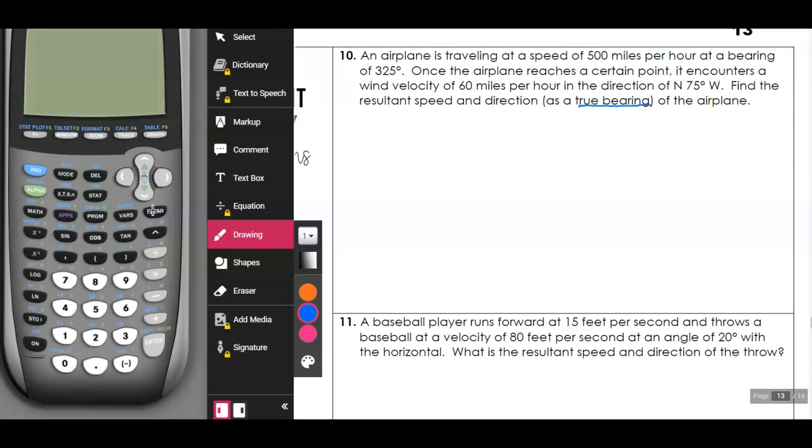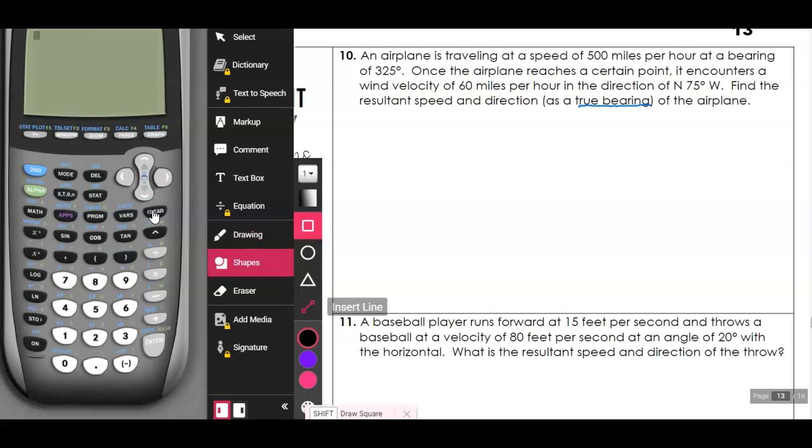First thing first, what should I do? What should I do first? Yes, exactly. We need to make a little diagram.